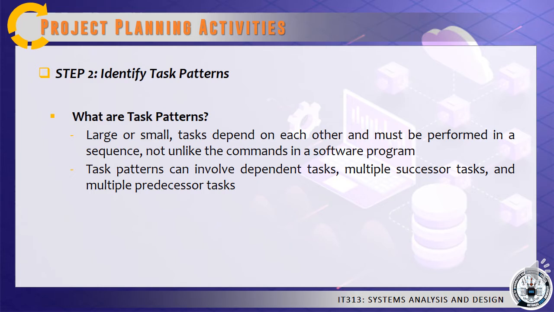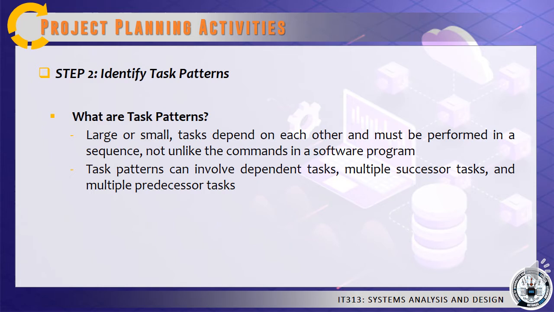Task patterns can involve dependent tasks, multiple successor tasks, and multiple predecessor tasks. In larger projects, these patterns can be very complex, and an analyst must study the logical flow carefully.